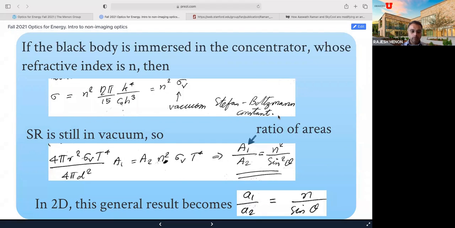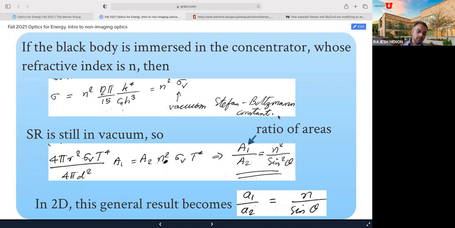Now, one really cool thing that happens is that you can actually get even more concentration by taking advantage of the fact that the Stefan-Boltzmann law actually now depends on the refractive index of the material. In most cases, we'll deal with air, so the refractive index is 1, so there's nothing you can do about it. But in some cases, you can actually immerse the CPC in some material whose refractive index is greater than 1.